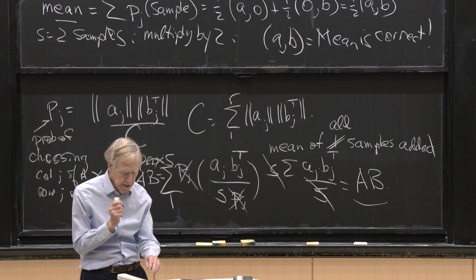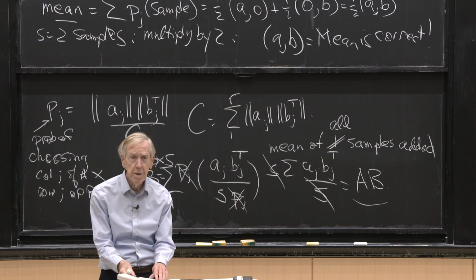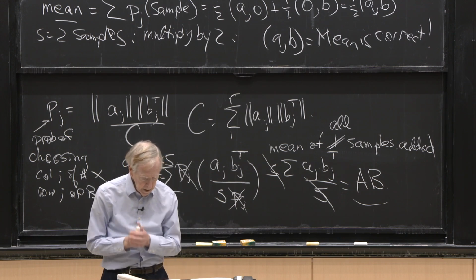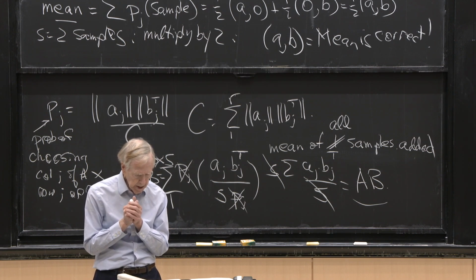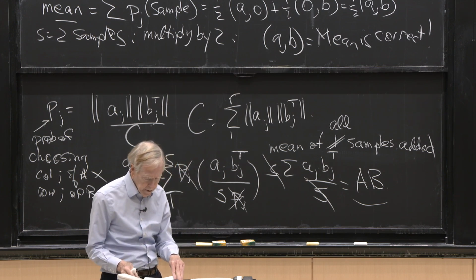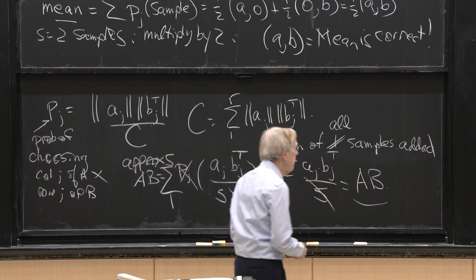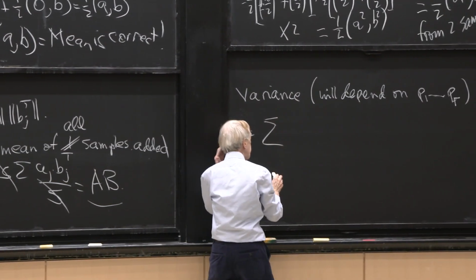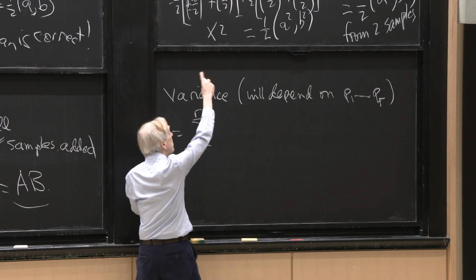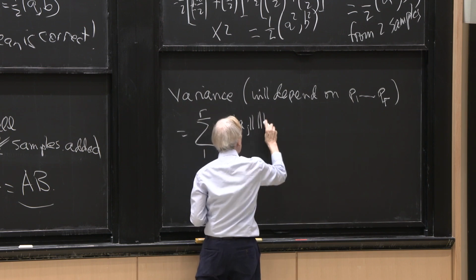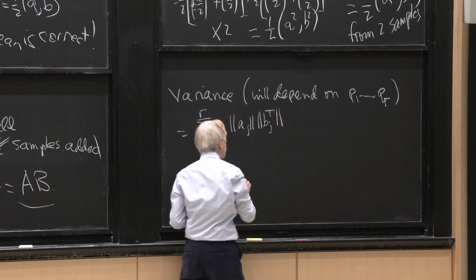My instinct is to tell you what this calculation produces, since you and I can read. Would you allow me to do that? So here, the variance for a sample turns out to equal, and we will figure it out, the sum over the AJ, BJ transpose, squared.